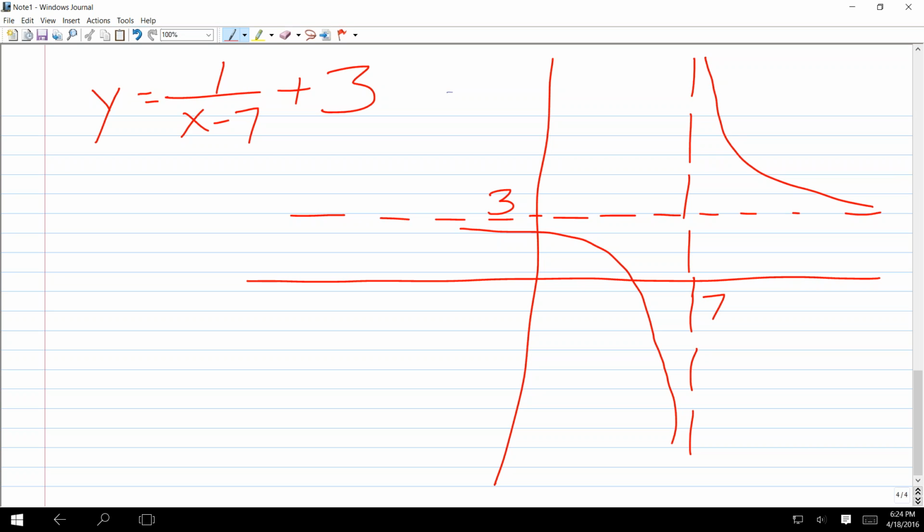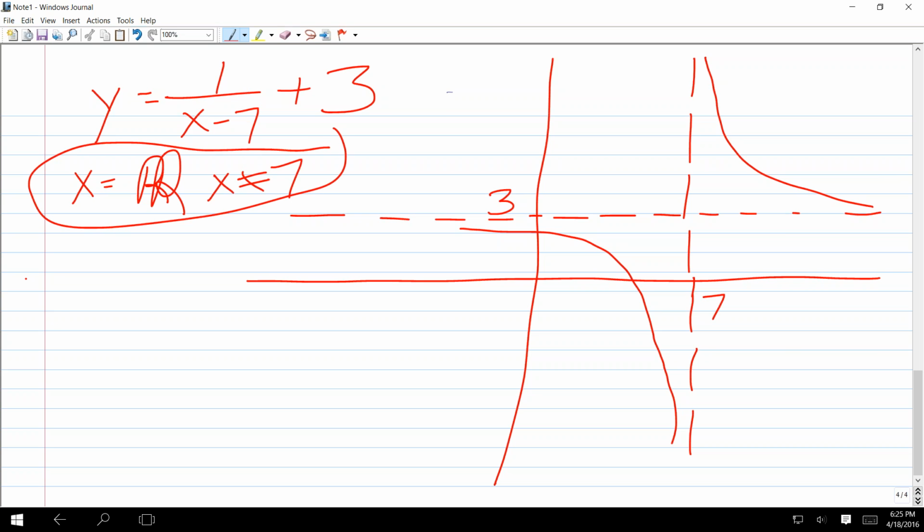And if they want to, have you had interval notation? What's that? Well, there's a few ways to express that. One, I can say x equals all reals except x not equal to 7. That's one way to say the domain.